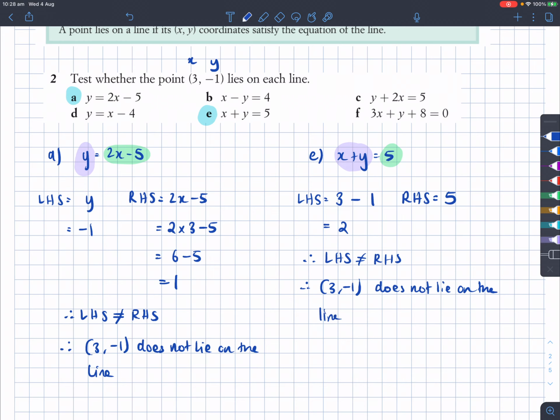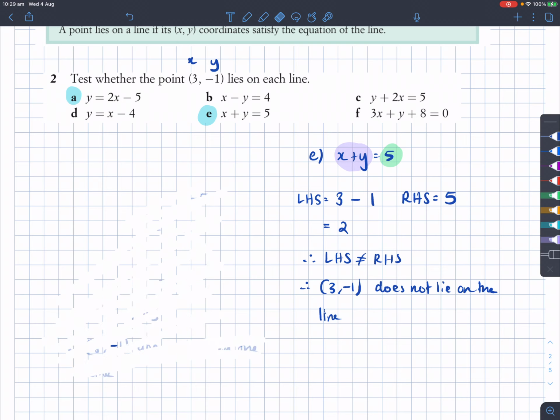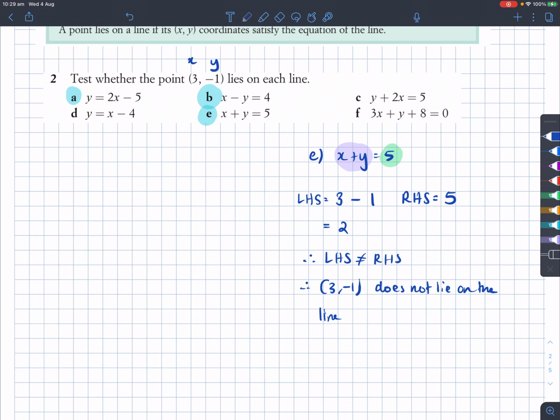I've done 2 examples where it doesn't lie on the line. I should really do an example where it does lie on the line. I'm just going to erase part A and do question B because I think it does. So I'll do an extra question. For part B, I've got x minus y equals 4.